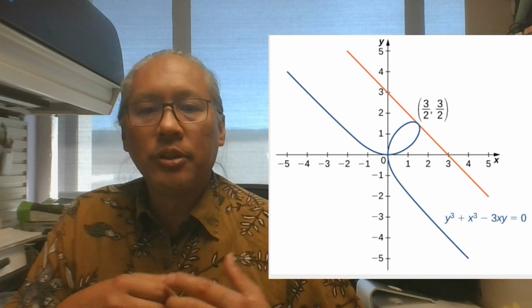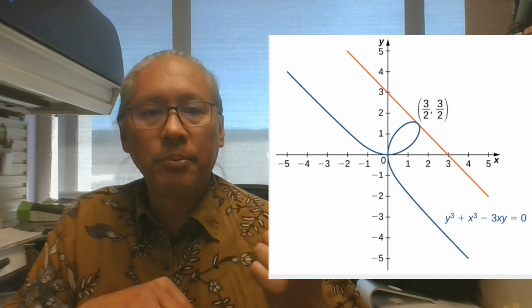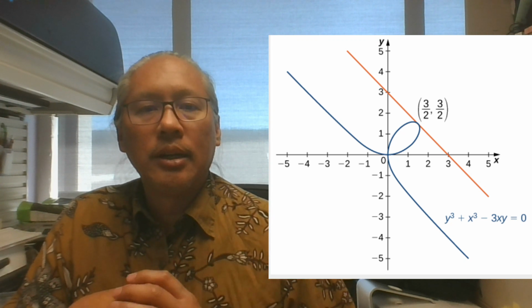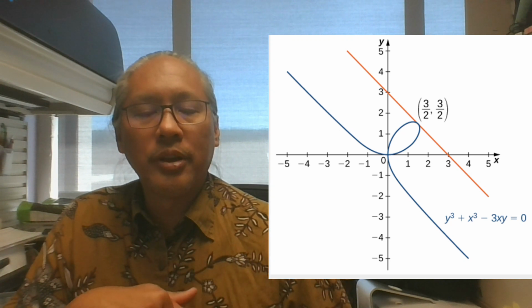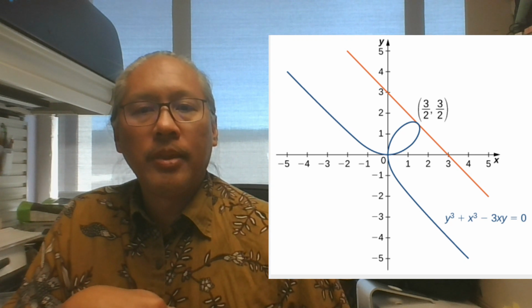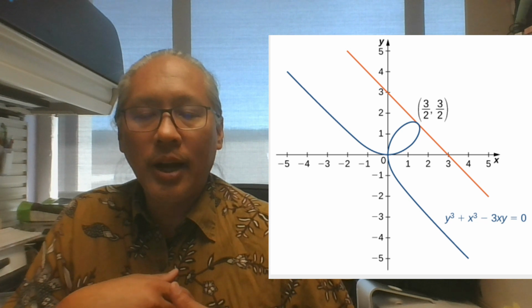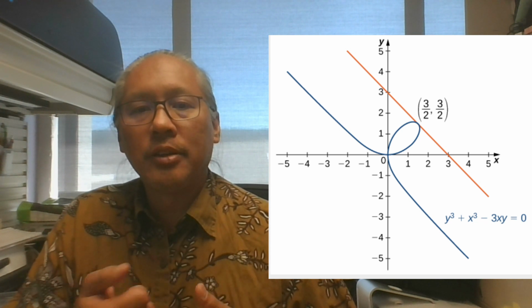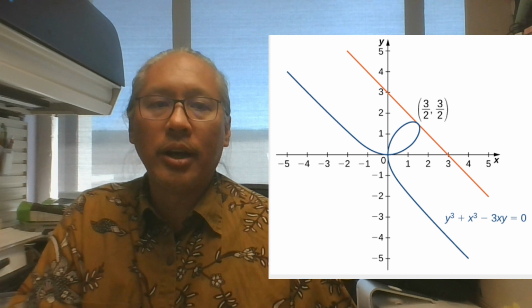But in the cases where you're looking for a tangent line of an implicitly defined function, like in this example we have the Folium of Descartes, you would have to find not just the x value of the point, but both the x and the y value of the point.